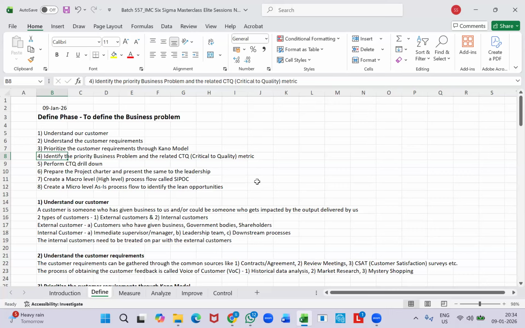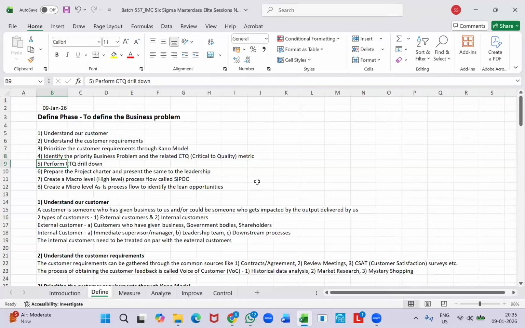This metric would help us to quantify that business problem in numerical terms. Otherwise we will not know how big the business problem is, right? So in order to quantify the business problem, we need to measure it in terms of a certain metric. And that metric is what we would call critical to quality, right? So this metric would help us to measure the depth of the business problem in numerical terms, right?